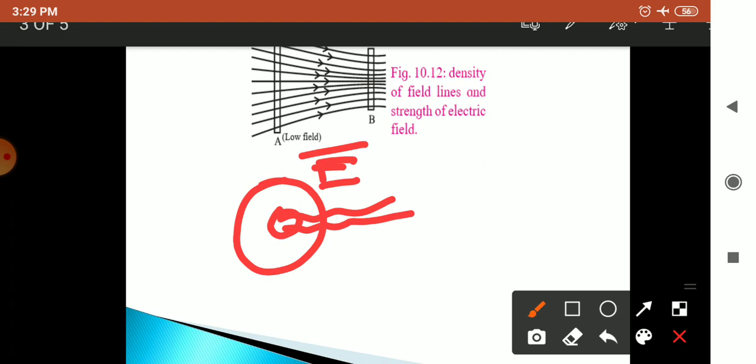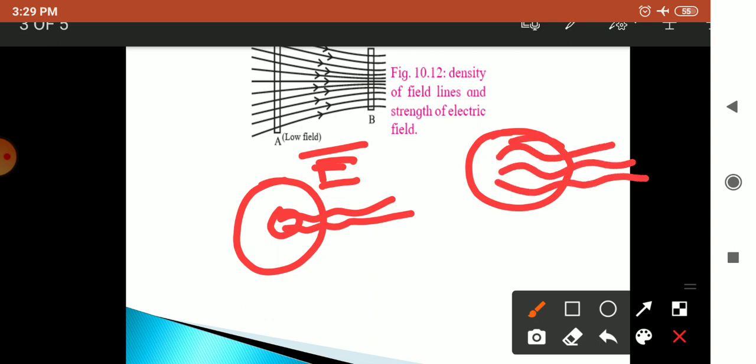The seventh characteristic is that electric lines of force are widely separated from each other in a region where the electric intensity is small. Crowded means many lines of force pass through a small area.